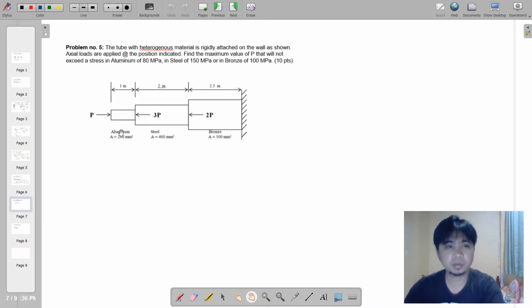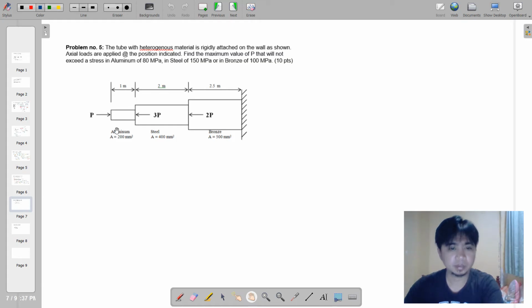We need to compute here the maximum value of P that can tolerate the following stresses. Say in aluminum, we have an allowable stress of 80 megapascal. In steel, we have 150 megapascal. And in bronze, having 100 megapascal as an allowable for that material.